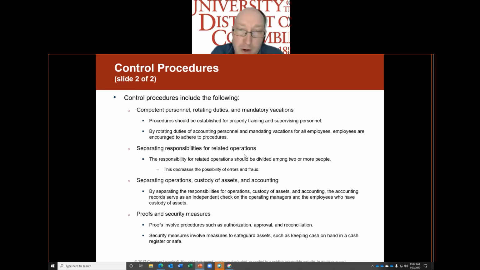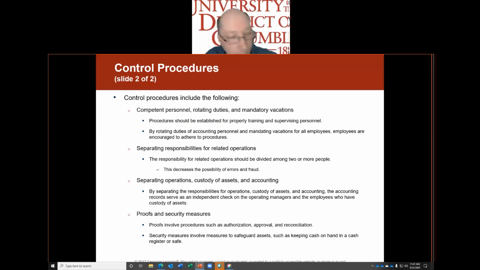We separate responsibilities for related items. For example, in an accounting part of a business, I might have two or more people doing the accounting work. I might have one person taking care of the accounts payable. That's the person paying the bills. I might have a different person taking care of accounts receivable. That's receiving payment from your customers.